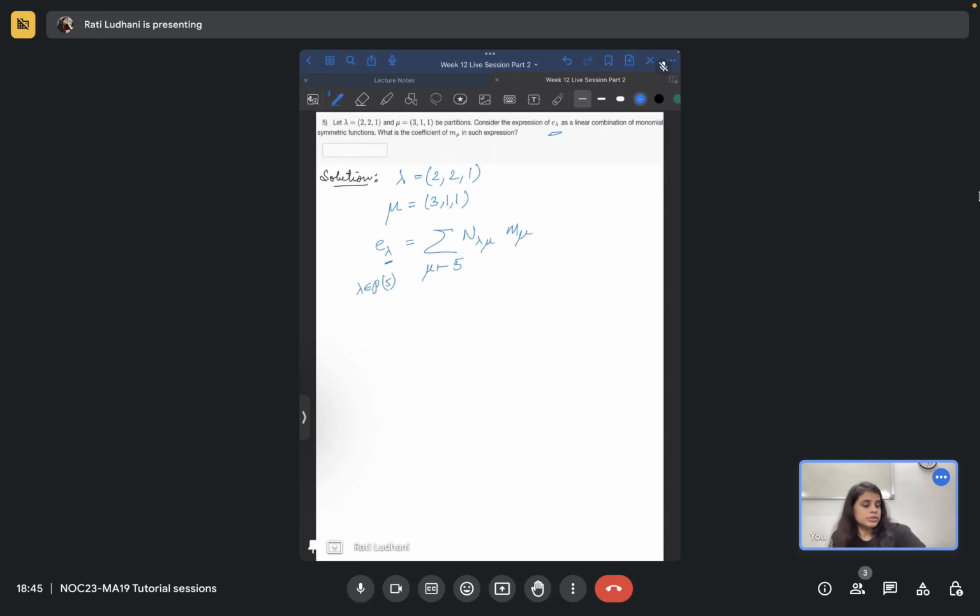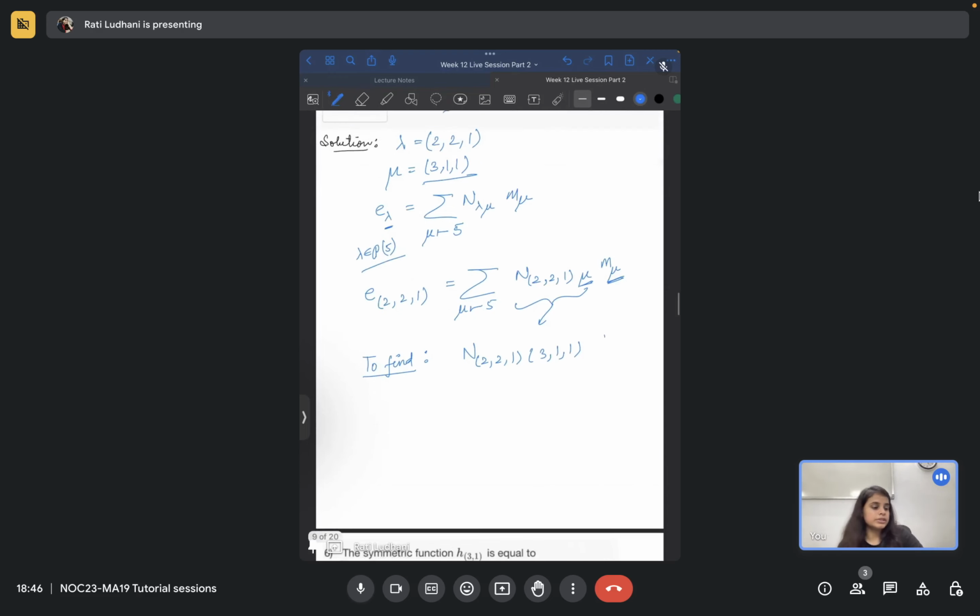So now we have been asked what is N of 2 2 1 and 3 1 1, because the coefficient we have been asked is for mu equal to 3 1 1. So to find N of 2 2 1 with mu equal to 3 1 1, this we need to figure out.